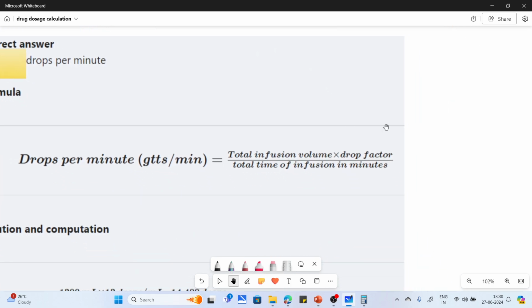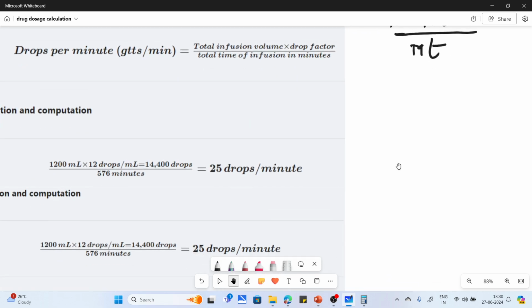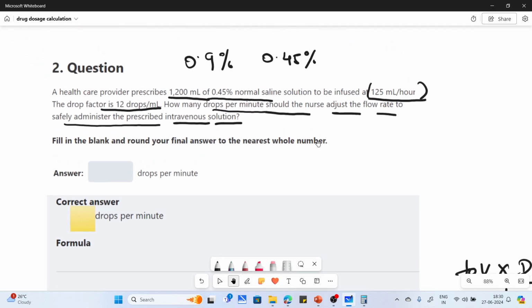So the formula to calculate the drops per minute is total infusion volume into drop factor by total time of infusion in minutes. So here they have already given the value of 1200 ml into drop factor 12, and the rate is 125 ml per hour.